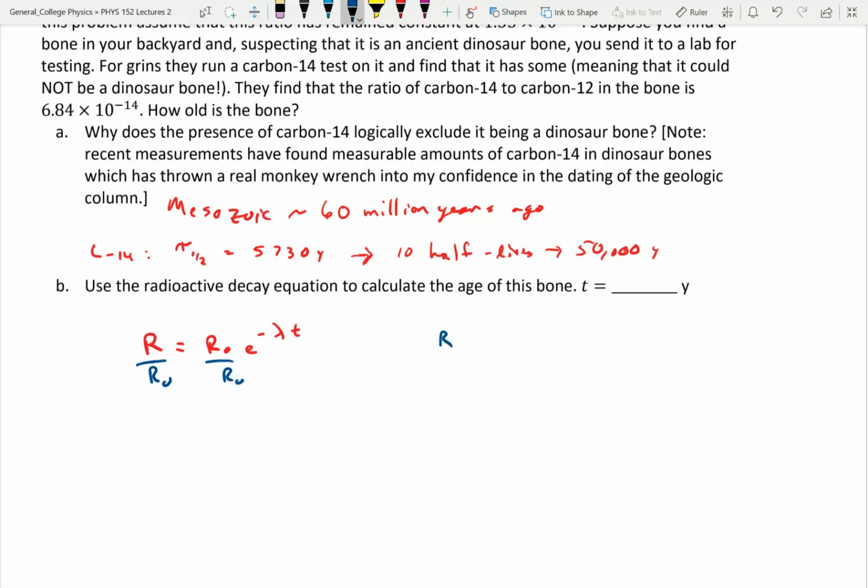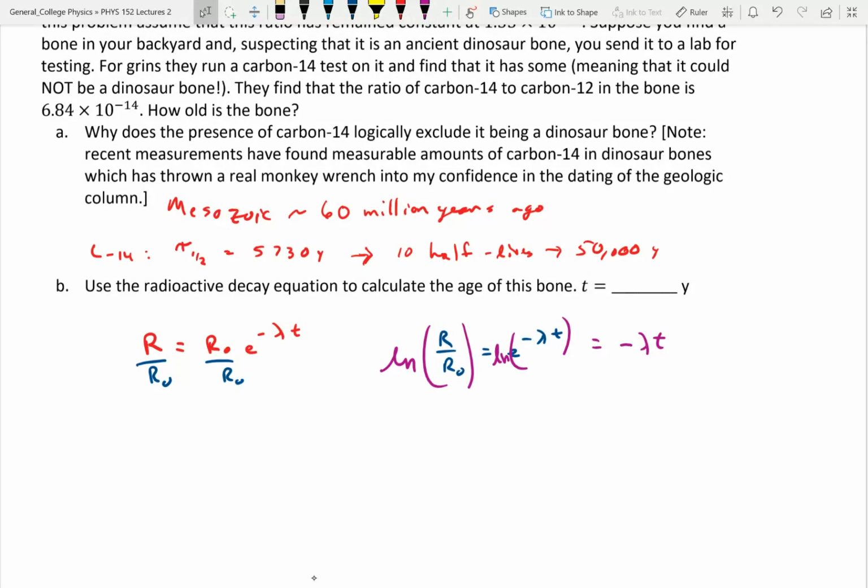And I have r over r0 equals e to the minus lambda t. Well, to get t by itself, I just take the natural log of both sides. Natural log of that is the natural log of this, but natural log of an exponential is just the exponent.